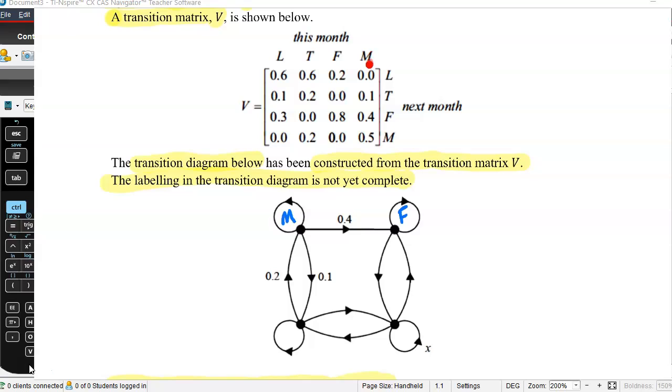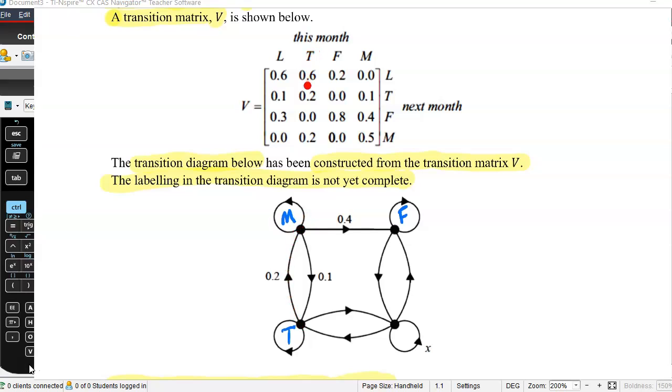You can see there that M to F is 0.4. Now 0.1, M to T, isn't it? Just to double check, I'll write this as T. And we also know 0.2 from T to M, does that make sense?